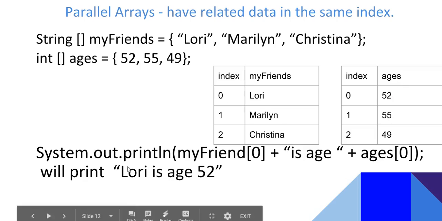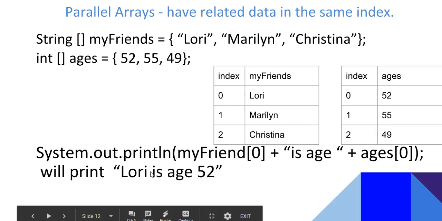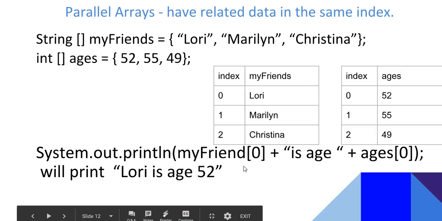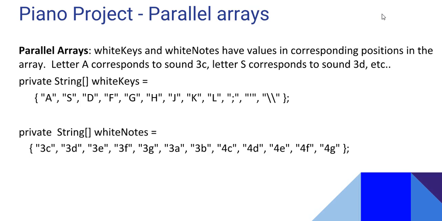So if I were to print out my friend bracket 0, is age bracket 0, ages is the name of this second array, it's going to print Lori is age 52. So it picks the string from this first array and the integer from the second array to print them out using concatenation here. This type of relationship is called a parallel array. They have related data in the same index.